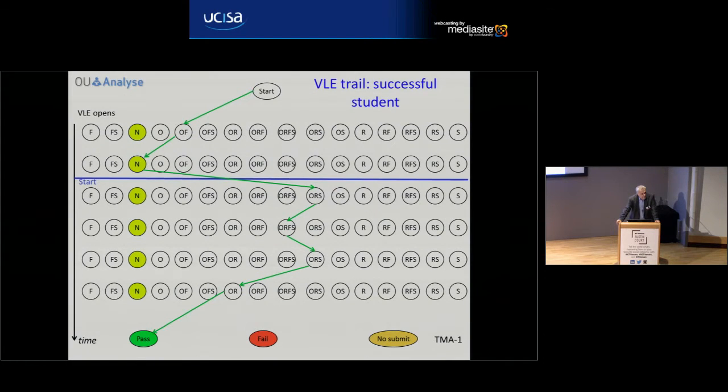And this is a typical example of a trajectory of a student who was successful. Started in the first week when the VLE opened, did something on the OU content and forum. The second week had rest, and then OU content, resource, and subpage, etc., and eventually got down and submitted the TMA and passed.